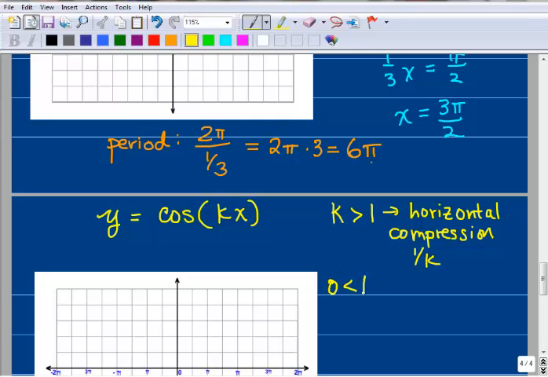And if k is between 0 and 1, I have a horizontal stretch, by a factor of, again, 1 over k.